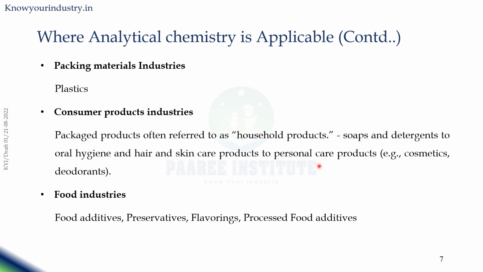Consumer products include household products, cosmetics and deodorants, such as Colgate paste, hair oils and skincare products. All are tested through certain analytical techniques to ensure that the product has consistent quality whenever a batch is manufactured at the manufacturing facility. Then come the food industries, where food additives, preservatives, flavorings and processed food additives are also tested through analytical techniques.